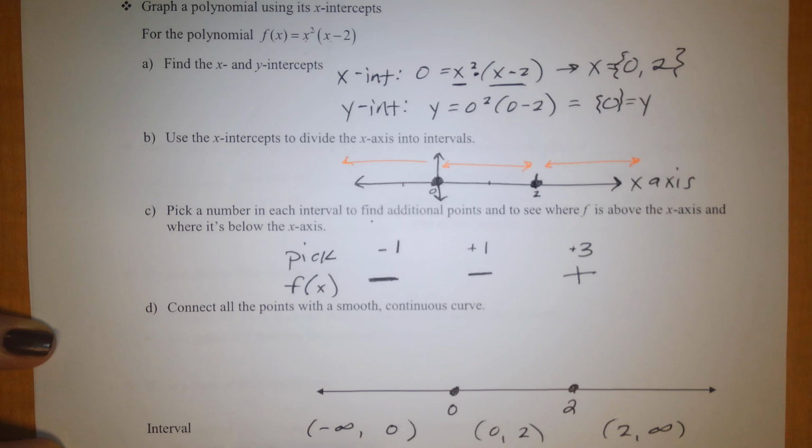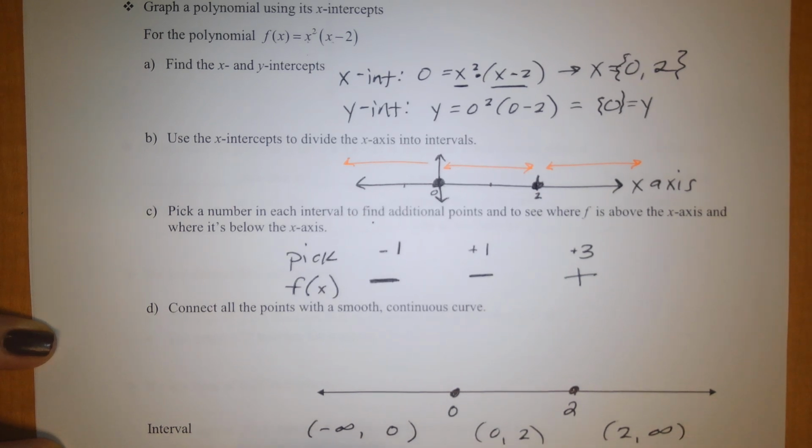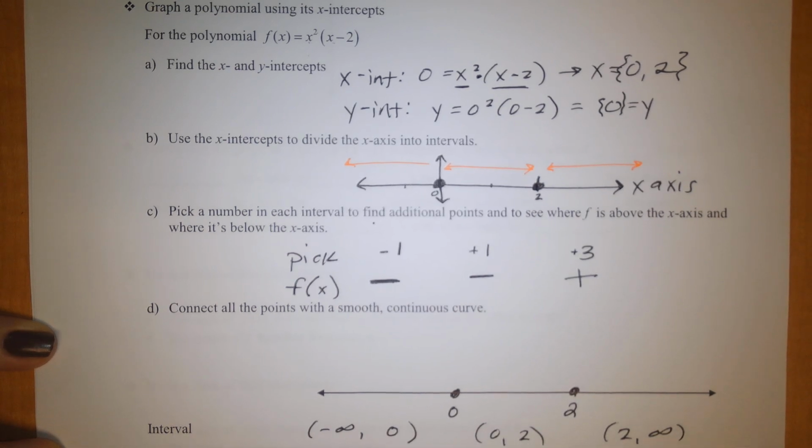Again, the numbers we chose were -1, 1, and 3. And the value of each of those: when we plugged in -1 into the function, we got -3. So f of -1 is -3. f of 1 was equal to -1, and f of 3 was equal to 9.